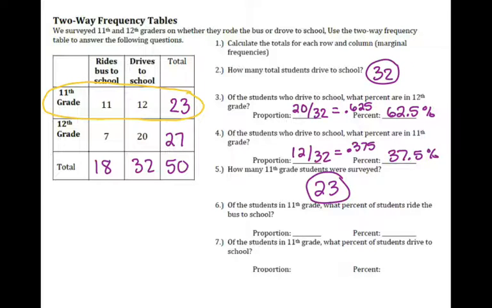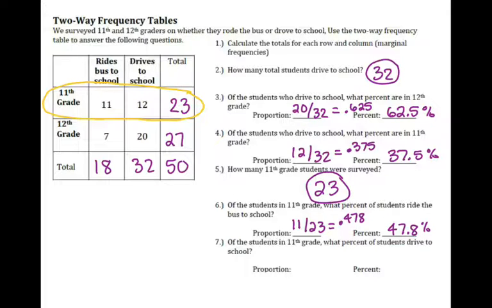So that is 11 out of the 23. So that's my proportion. And again, I can put that into the calculator to divide it. That's going to give me 0.478, which is 47.8%.